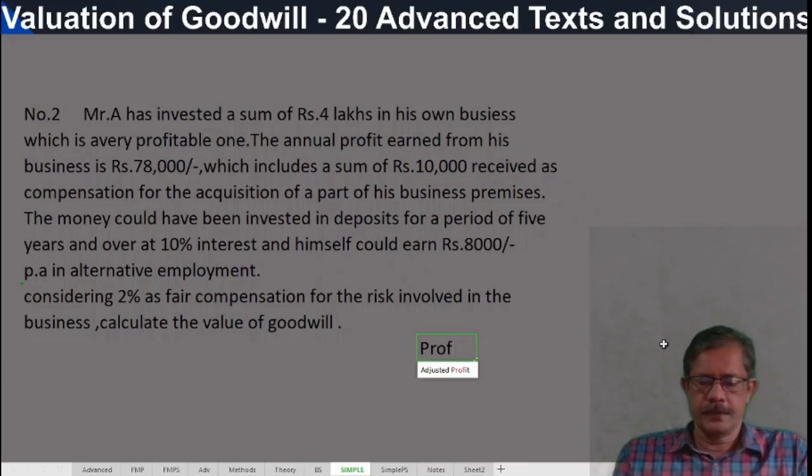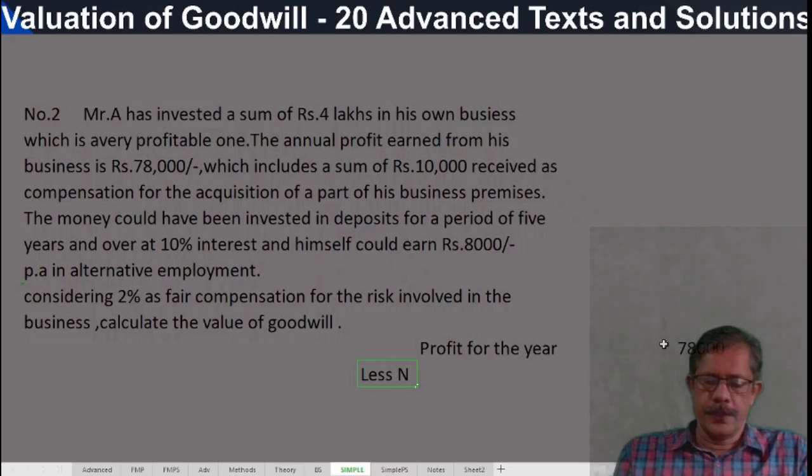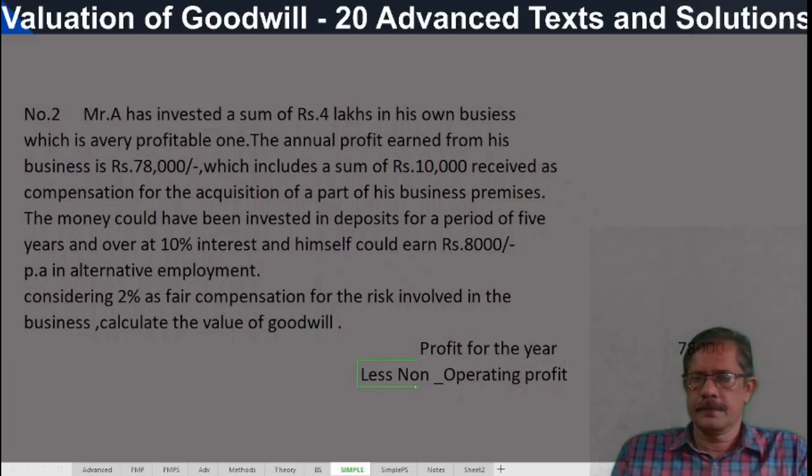Profit for the year 78,000, less non-operating profit 10,000, gives 68,000.